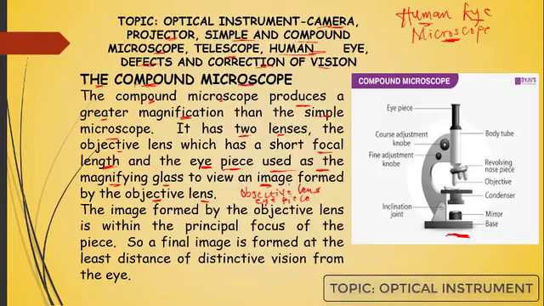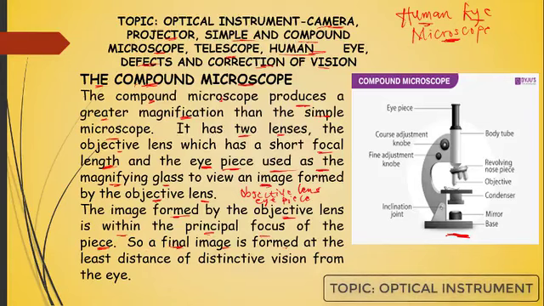So when the objective lens is able to find an object as a result of its short focal length, the eyepiece helps to magnify that object and is able to view the image that has been formed by the objective lens. The image formed by the objective lens is within the principal focus of the eyepiece.